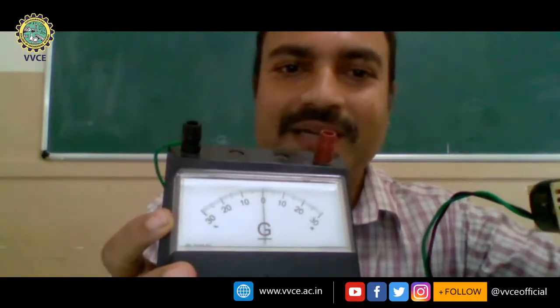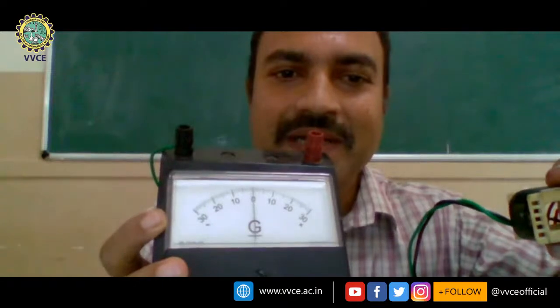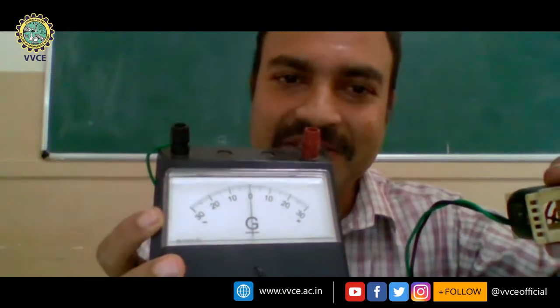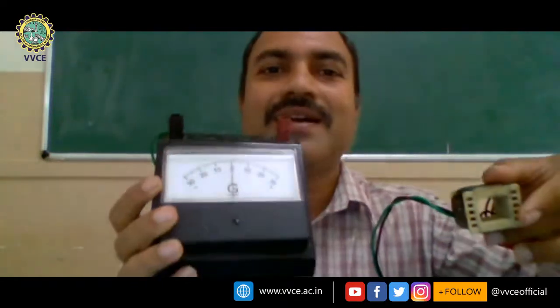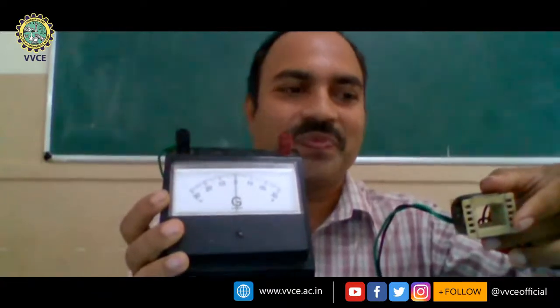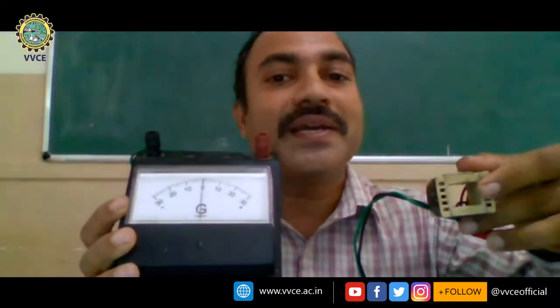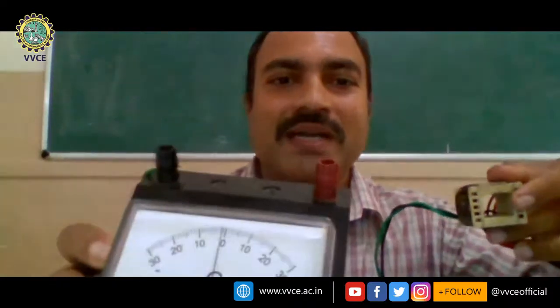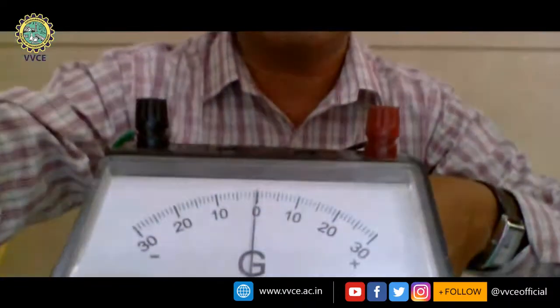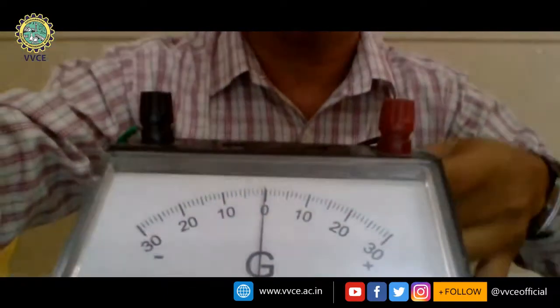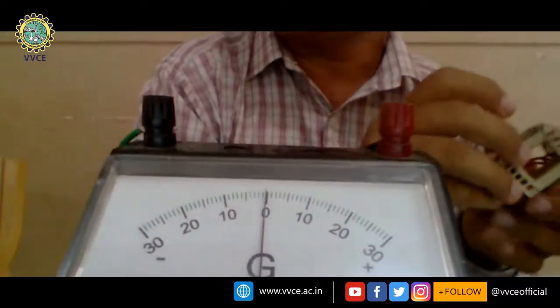We would not expect the needle of the galvanometer to show any deflection because there is no battery connected in the circuit, right? Now, when we move a magnet towards the coil, a curious thing happens. So what is that? You can observe here.